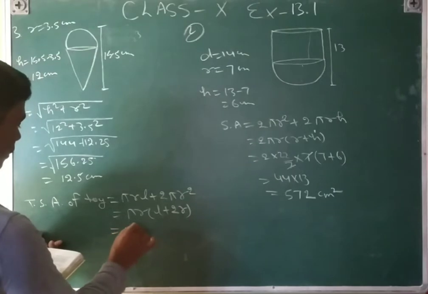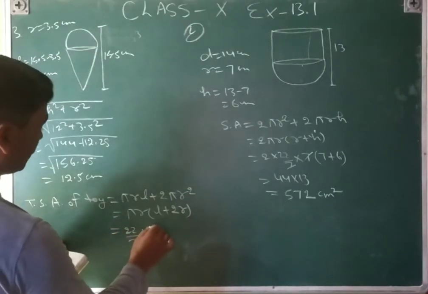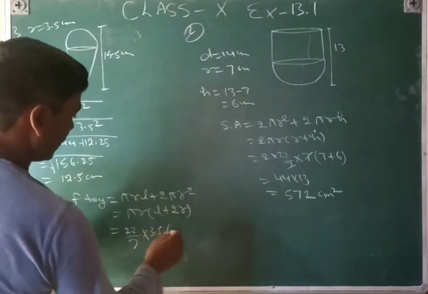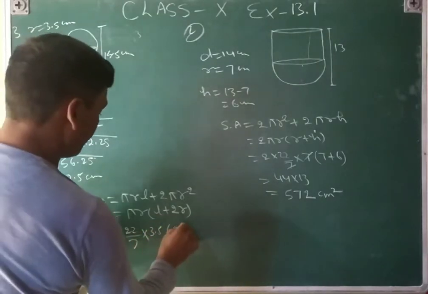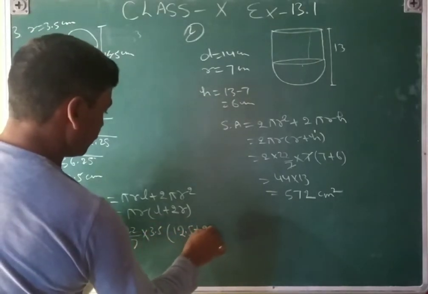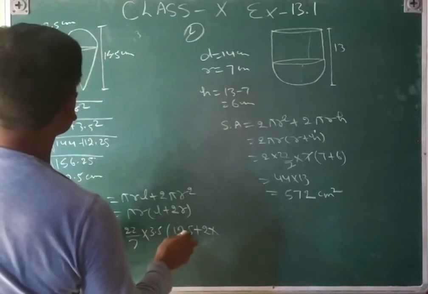So 22/7 into r, which is 3.5, bracket L is 12.5 plus 2 into r, which is 3.5.